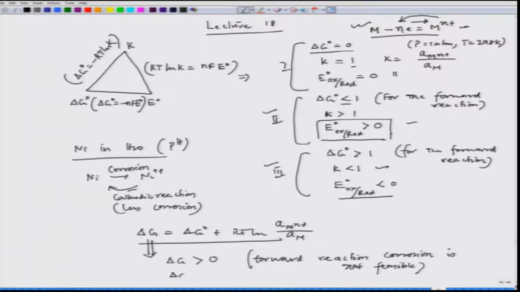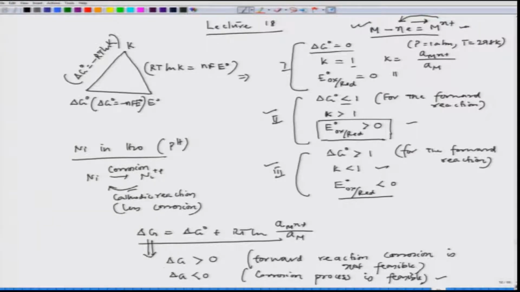And if delta G is less than 0, that means the corrosion process, and here we are considering with reference to corrosion, would be a feasible process.